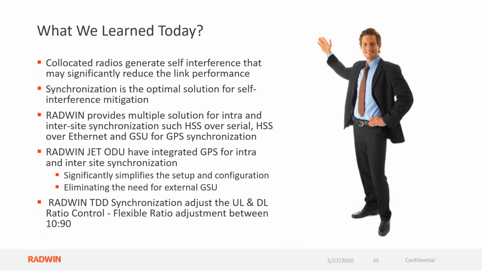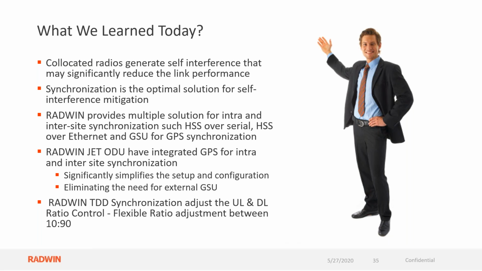RADWIN TDD synchronization adjusts the uplink and downlink ratio control. It means that when you change the ratio of the master, all the slaves under the same tower or between towers will inherit the same uplink and downlink ratio.